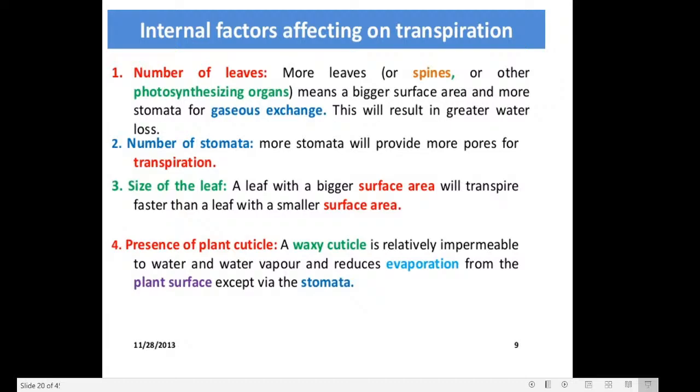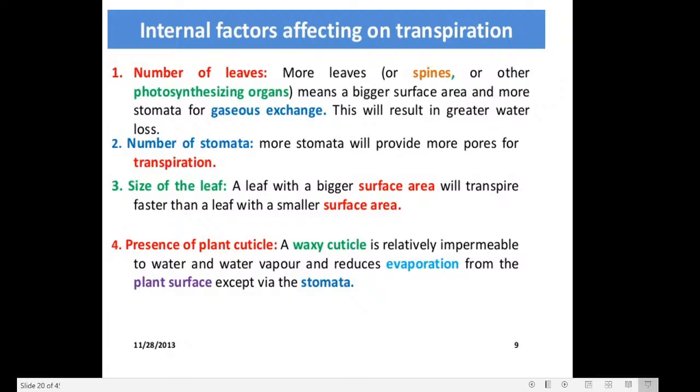The size of leaves also matters. If the surface area is high, transpiration becomes faster. If the leaves have a smaller surface area, there is low transpiration.